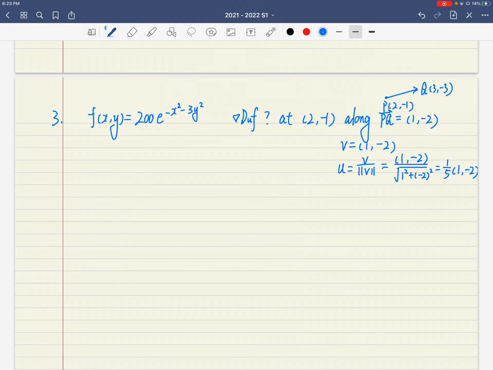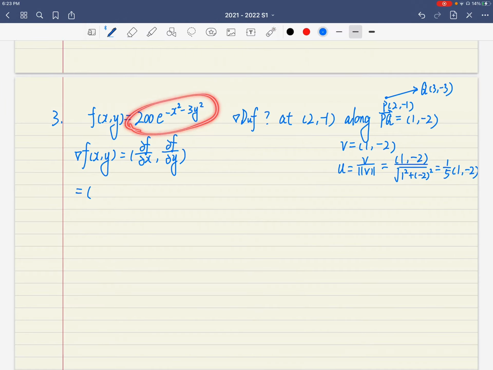Okay, then what is a function's gradient vector? It is a vector of df over dx and df over dy. Okay, so what is df over dx? Just differentiate this by x. So first, e to the power of something, the derivative is itself, and then you differentiate the exponent by x, right?